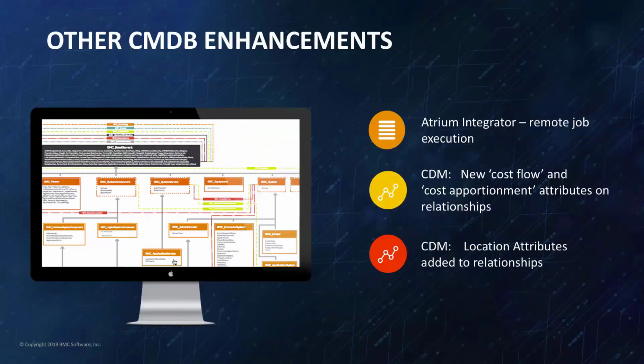These are refinements to the common data model that we felt are important in support of our key new use cases. Occasionally, when it comes to cloud discovery, as the technology that our customers are using changes, we need to make corresponding adjustments in the data model, and these are some refinements that we did in 19.02.